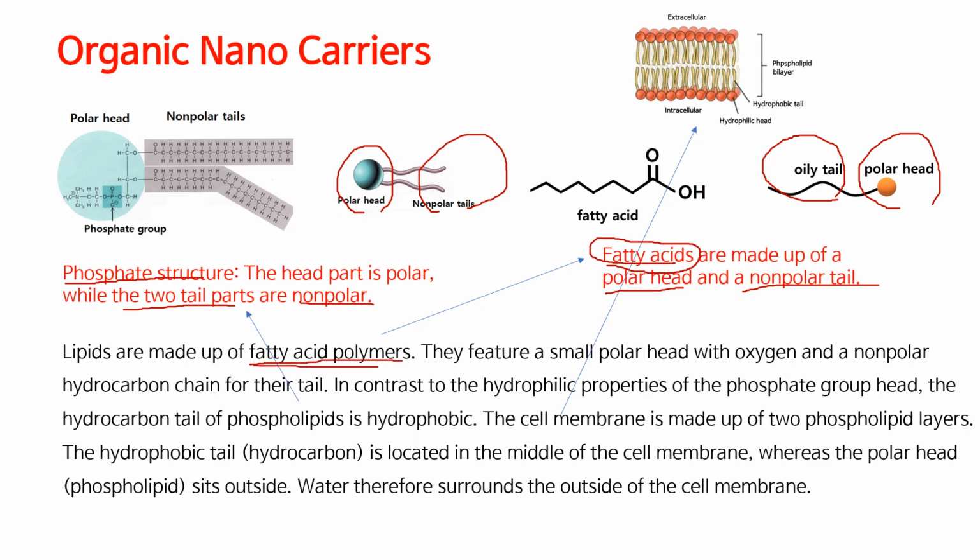This fatty acid structure features a small polar head with oxygen and a non-polar hydrocarbon chain for its tail. In contrast to the hydrophilic properties of the phosphate group head, the hydrocarbon tail of the phospholipids is hydrophobic.